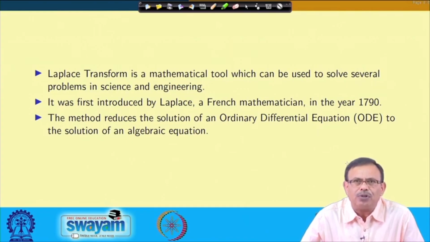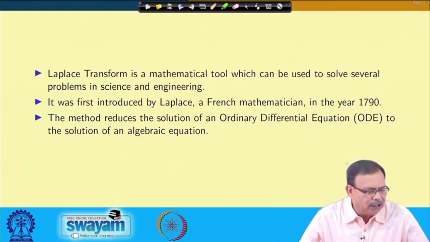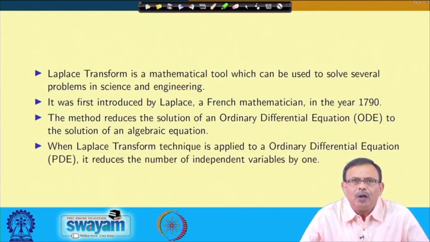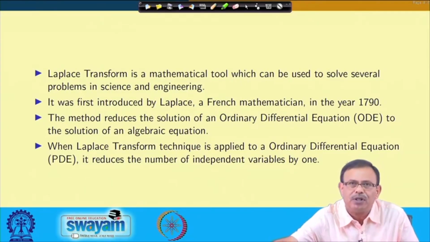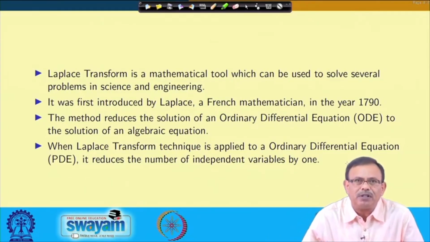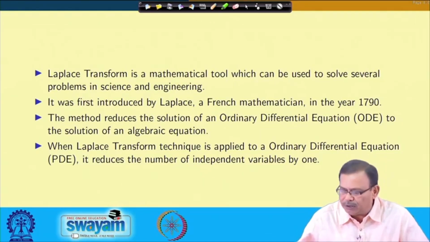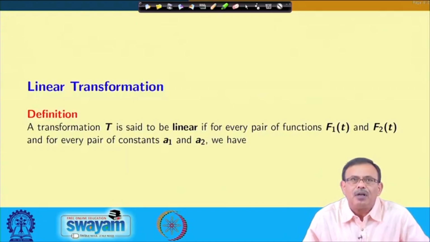To find the solution of the original problem, instead of solving the ODE, we simply have to solve the algebraic equation. When the Laplace transform technique is applied to a partial differential equation, it reduces the number of independent variables by 1.